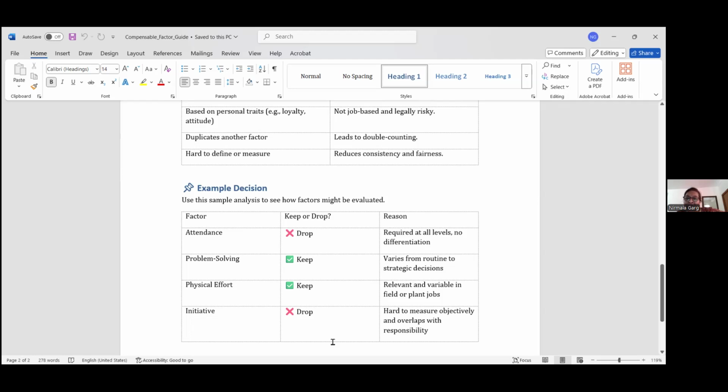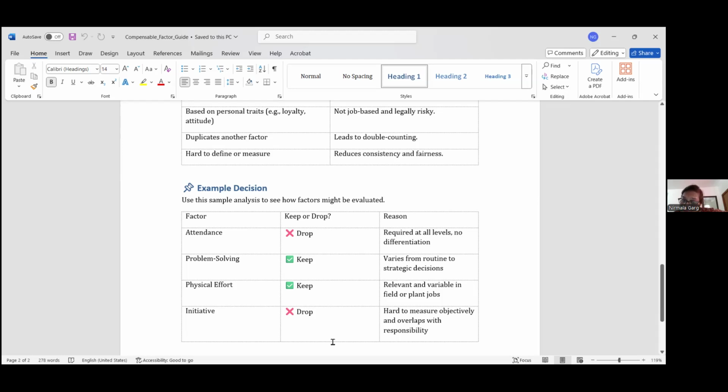Problem solving. Will it have differentiation across different levels of jobs? Yes. Hey guys, this is very critical before you jump into an exercise. Lower level jobs, an HR executive will have a lower degree of problem solving, an HR manager a little more, but a chief of HR, CHRO, will have a very high level.